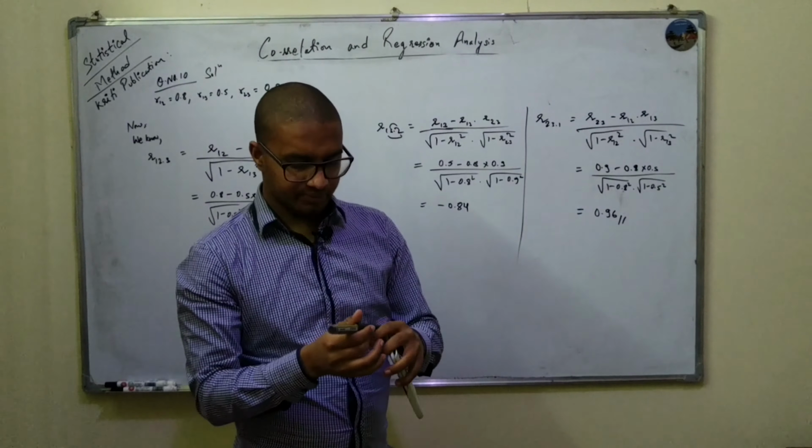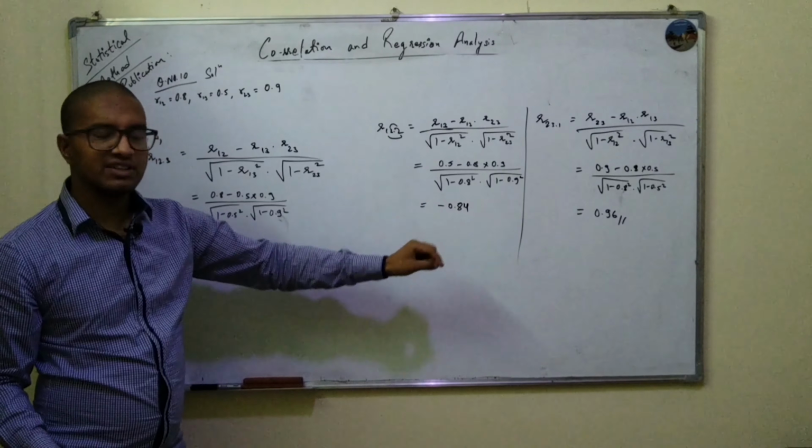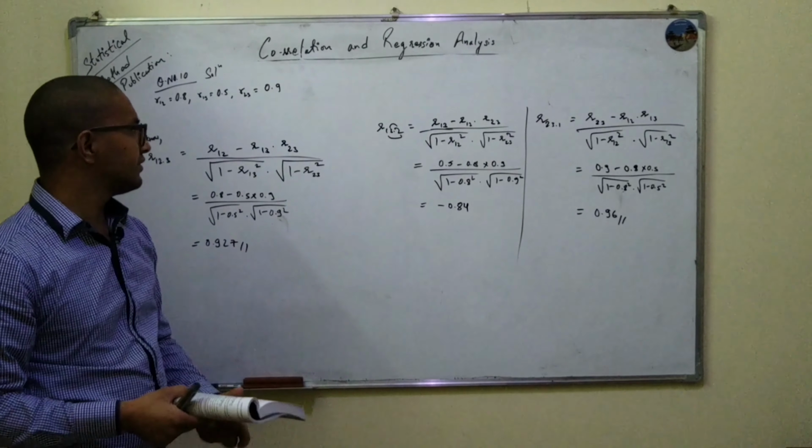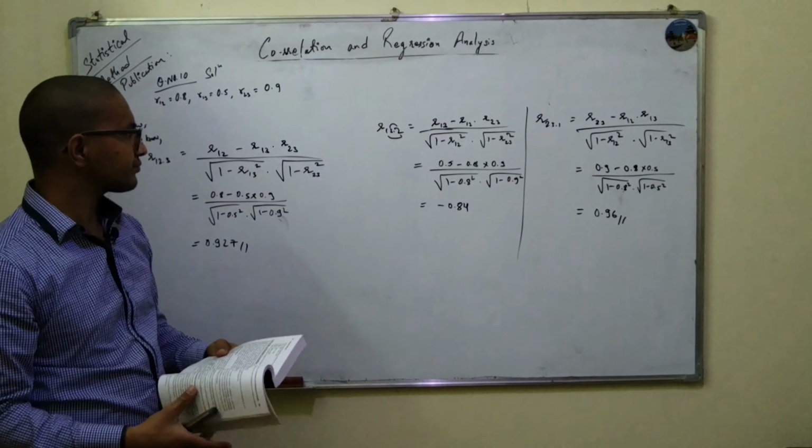So the correlation between 3 and 2 was 0.96, and the correlation between 3 and 1, keeping 2 constant, was minus 0.84. So it was a negative correlation. Let's look at the answer as well and tally it quickly.